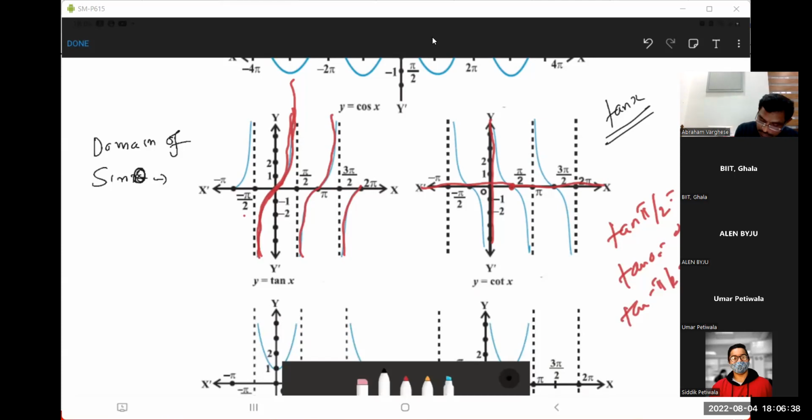Domain of sin theta or sin x, whatever it be. What is the domain of sin x? Domain of sin x means what all values you can give for x, so that sin x should give an answer.